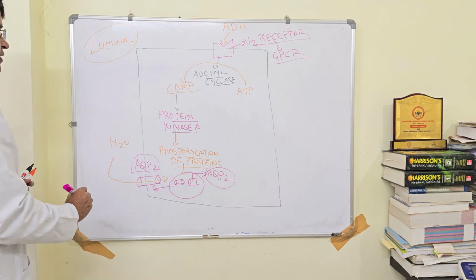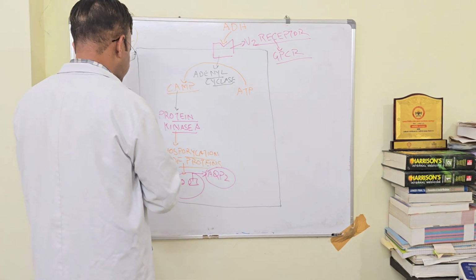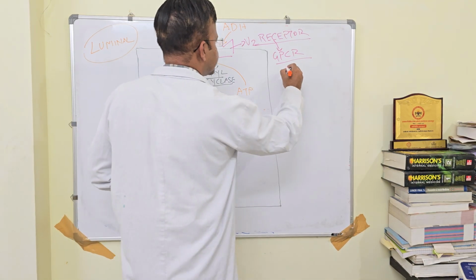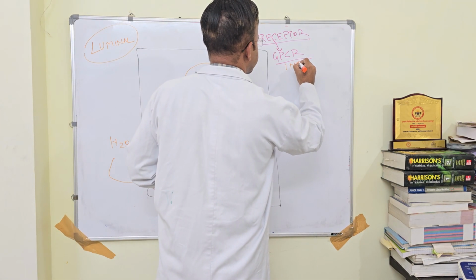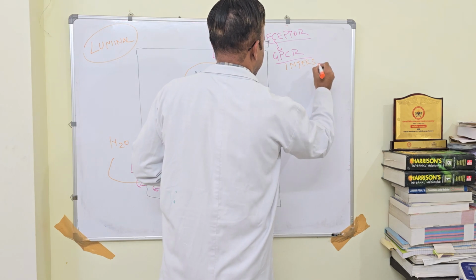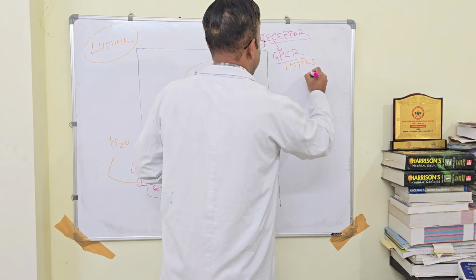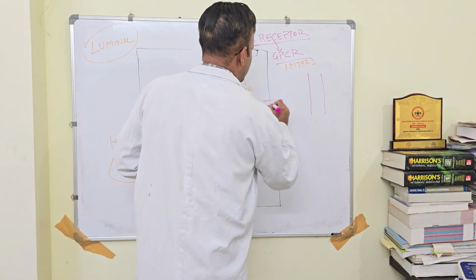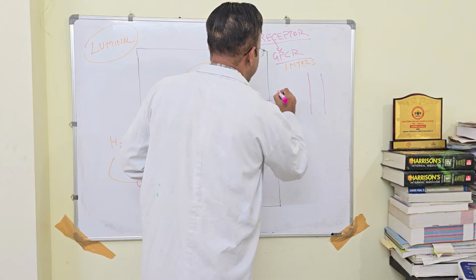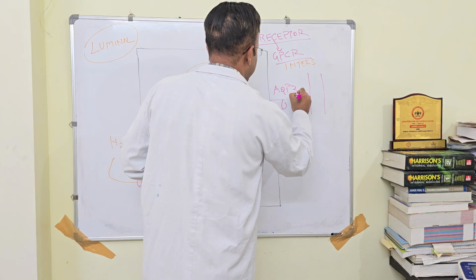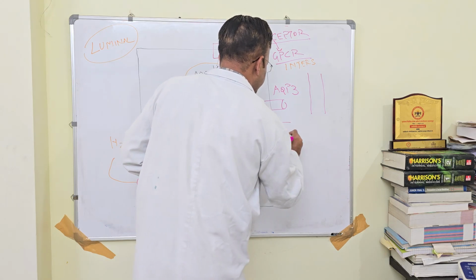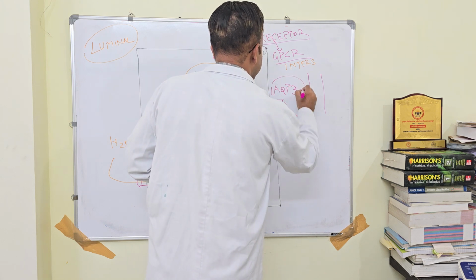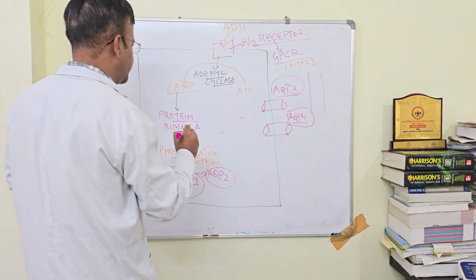Now once the water reaches over here, this is the interstitial side. On this side you have got the interstitium, and apart from that, the vasa recta, blood vessels. So on this side you will have two water channels, aquaporin 3, AQP3 and AQP4.